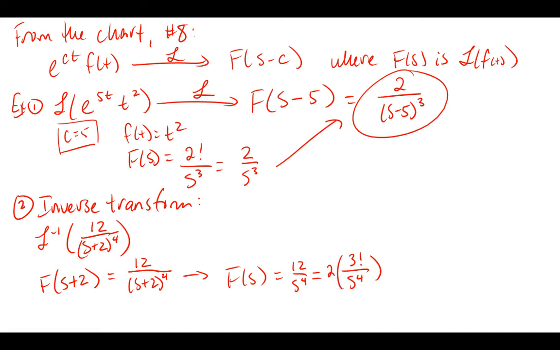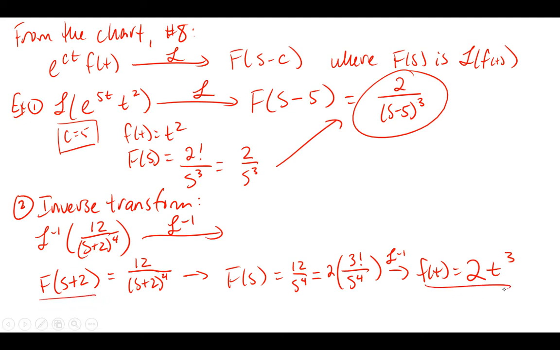Because if that's right, all I did is I just rewrote 12 as 2 times 6. But that now tells me f of t, if I do the inverse, that's invertible. That one's in my chart. I'd get 2, and that's t cubed. So I got all the pieces now. So I'm ready to do the inverse transform of this, so this was realized as big F of s plus 2, and the little f that went with that big F is this one.